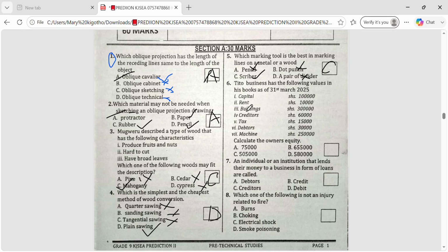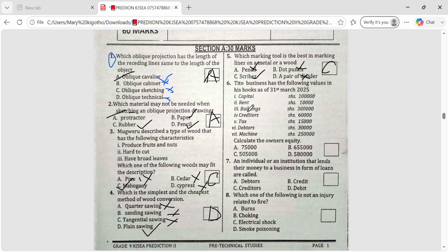It's C. A scriber is used to make fine, accurate marking lines on metal surfaces and can also be used on wood. A pencil is mainly used on wood.